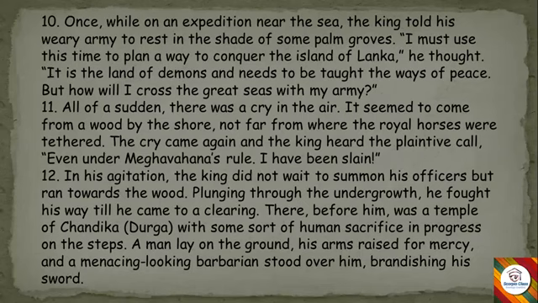He thought that the land of Lanka is of demons, and it needs to be taught the way of peace, because maybe the people were not good, they were killing each other, so he wanted to teach them peace. But he was thinking how he would cross this great sea with his army, because it was a big sea and there was no bridge at all.